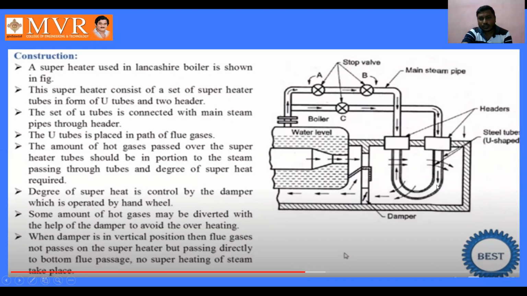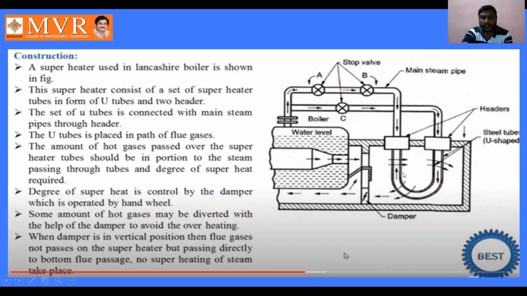By using these headers, these U-tubes are connected. The saturated steam which is collected here enters into the U-tube shape, and here the gases are moving in the upward direction, and they move up to the place B.